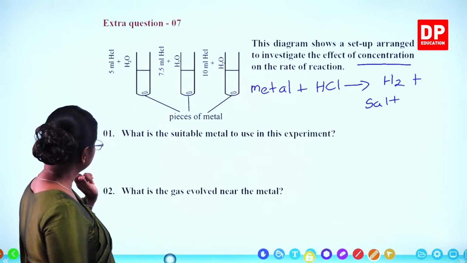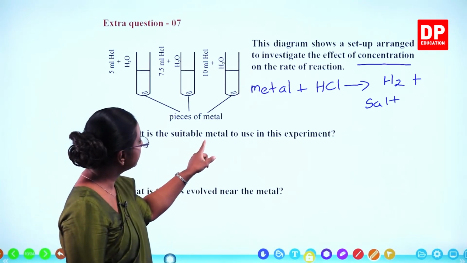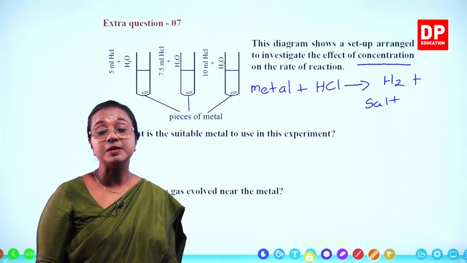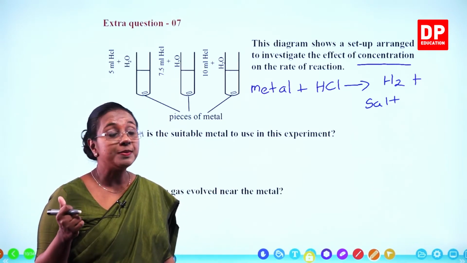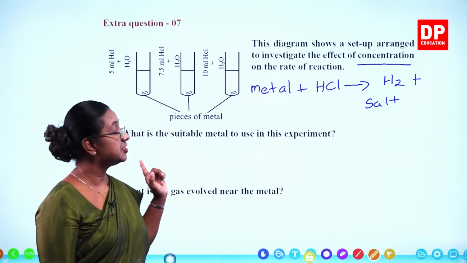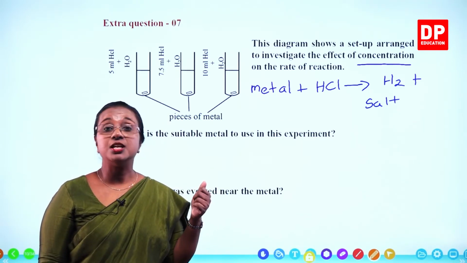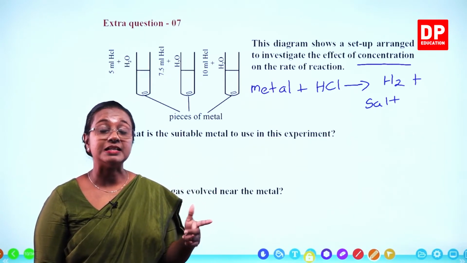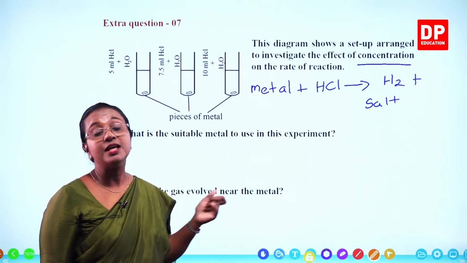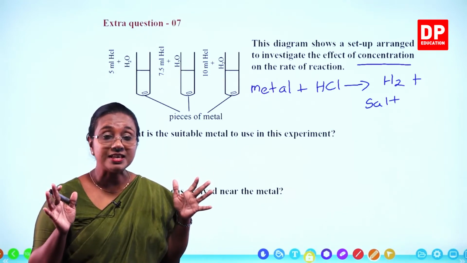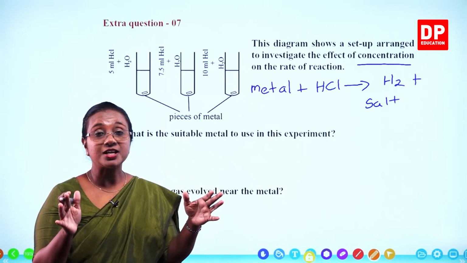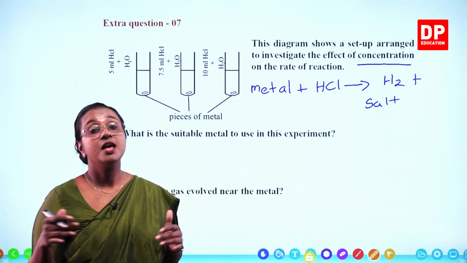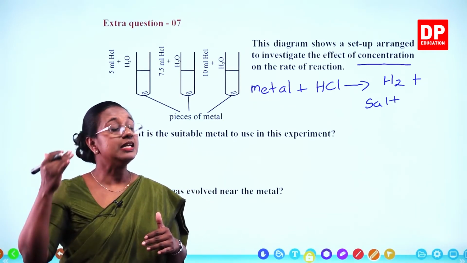The first question, what is the suitable metal to use in this experiment? Normally, to compare the reaction with concentration, we can use magnesium or zinc, because both these metals react fast with hydrochloric acid. When we say fast, the rate of reaction is somewhat fast, so we can easily observe the reaction. Because when you put iron, it's very slow.